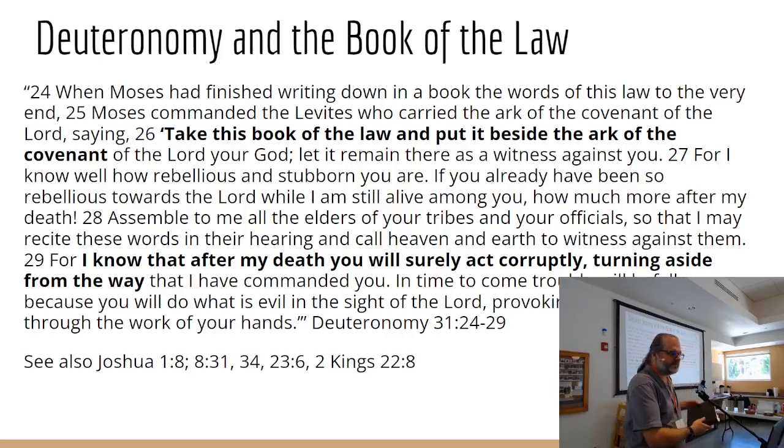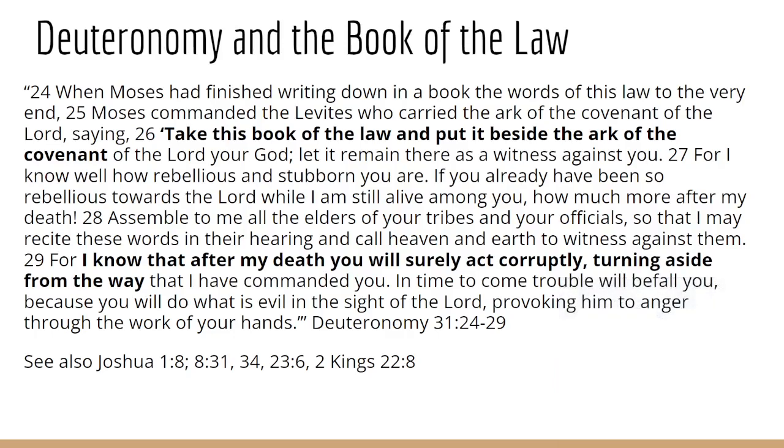So Deuteronomy, now that story that we just told gets a little bit more complicated because Deuteronomy has this reference to a book. So when Moses had finished writing down the book, the words of this law to the very end, this law, because Deuteronomy is its own thing, he probably is just referring to the speeches, right? The 3 speeches of Moses probably formed a book.